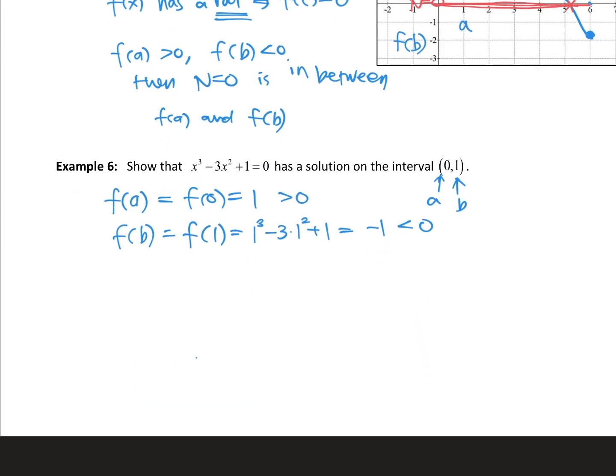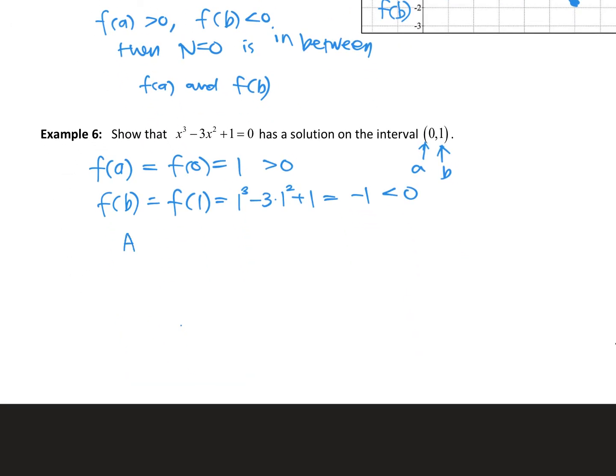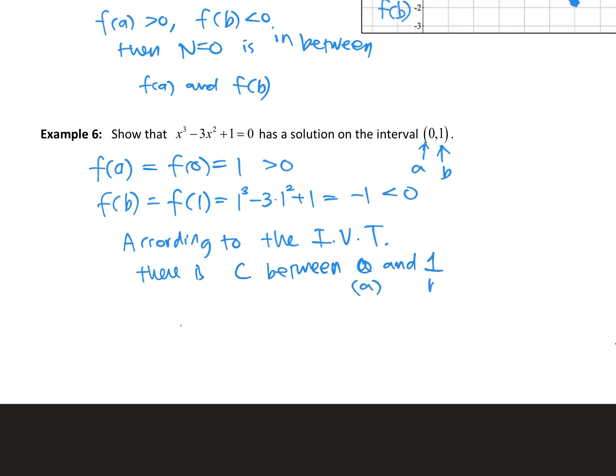So according to the IVT, I'm being lazy, intermediate value theorem, there is a c between 0 and 1, which is a and b, right? 0 and 1, a and b, such that f of c is equal to n, which is 0.